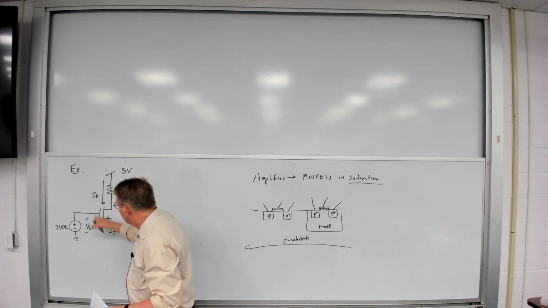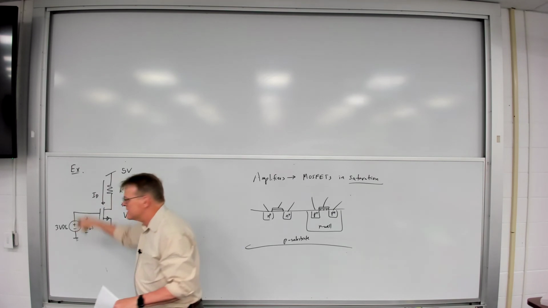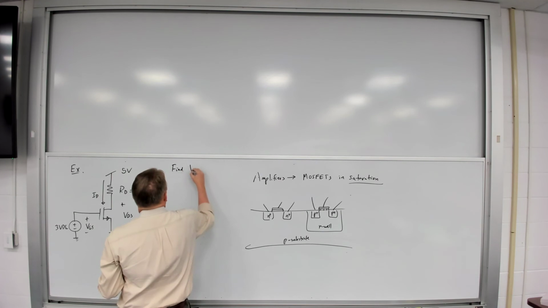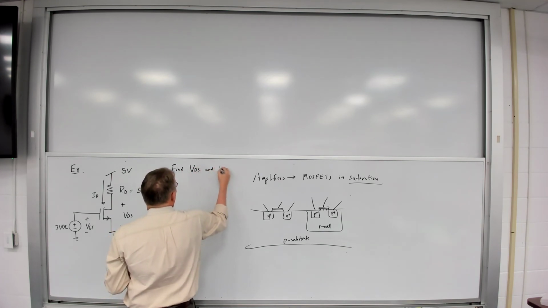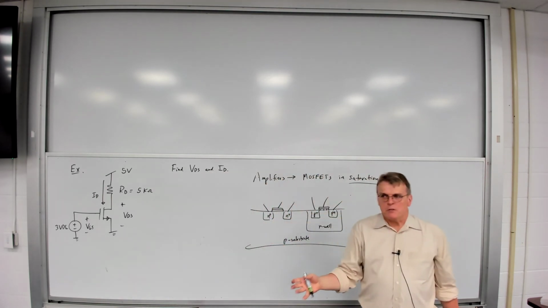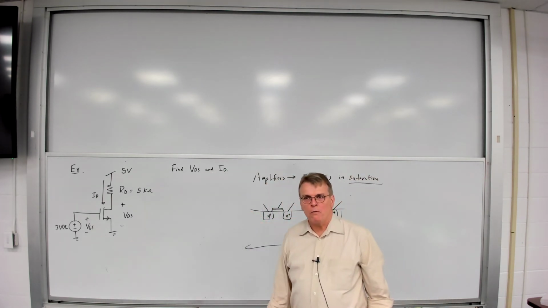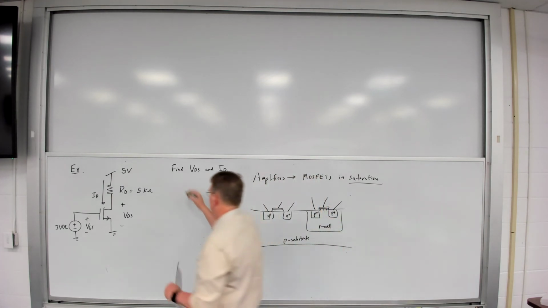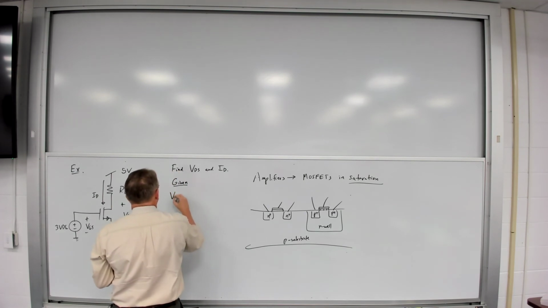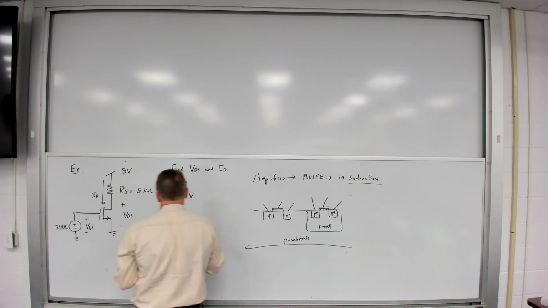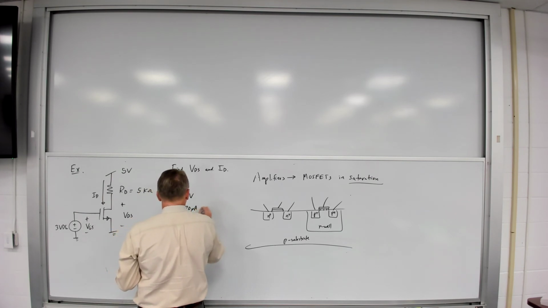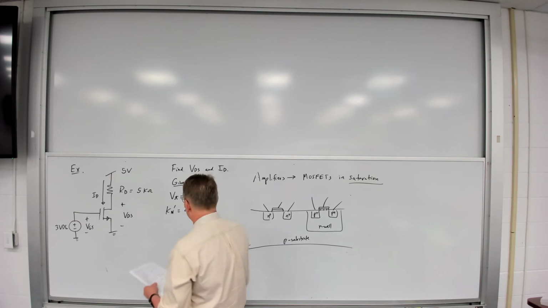I want to calculate the values of VDS and ID. Now we've got to make some assumptions. I need some parameters for the MOSFET. So let's assume this is given. So it's given that the threshold voltage is 1 volt. The transconductance parameter is 20 microamps per volt squared.